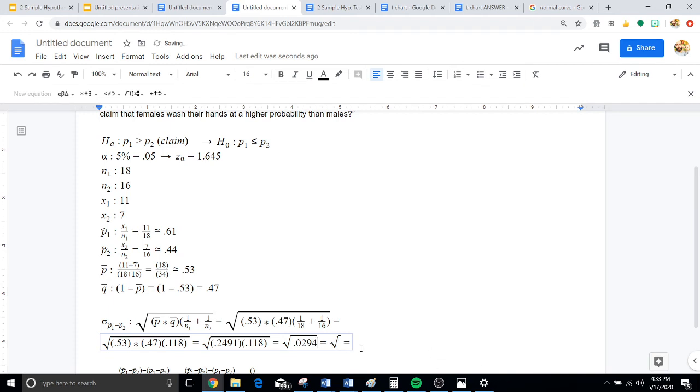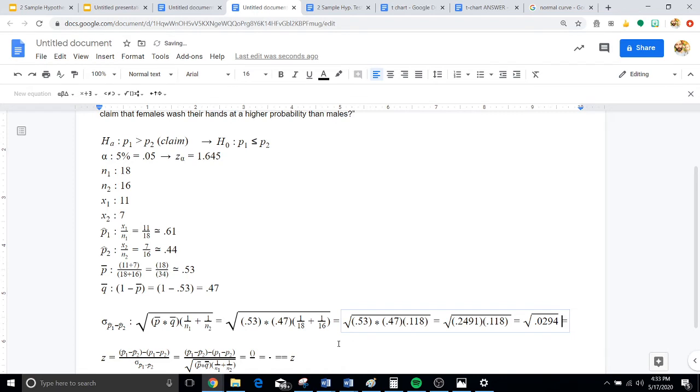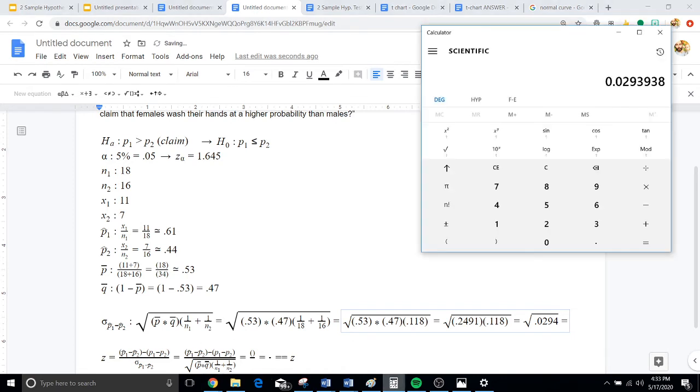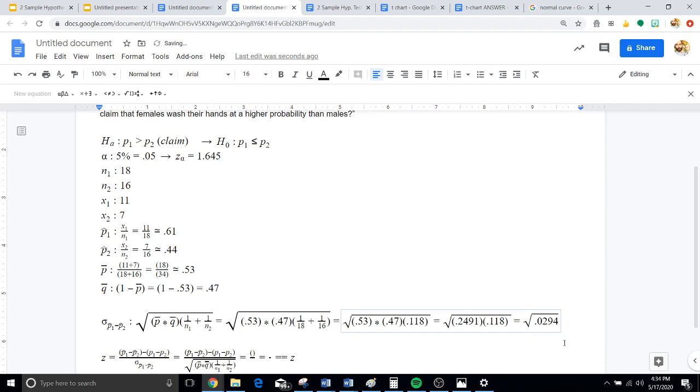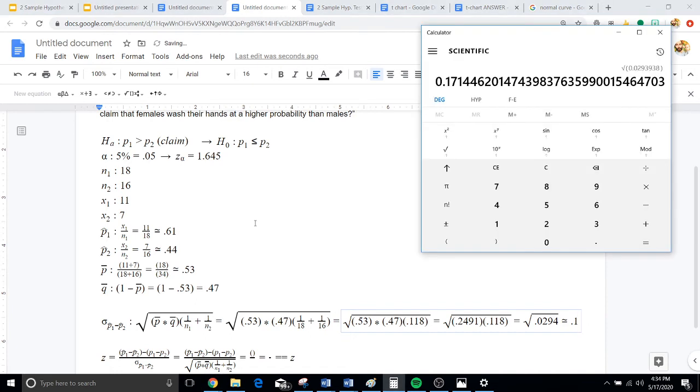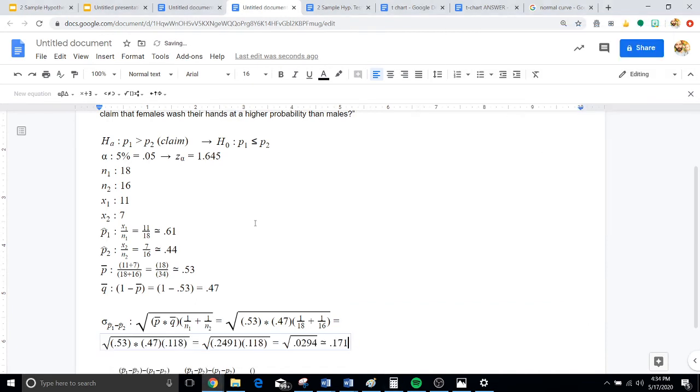All right, all we have to do now is find the root of this value. We will have our answer. So, got our number, square root it, and we get approximately 0.171.